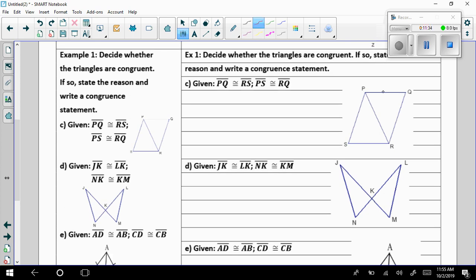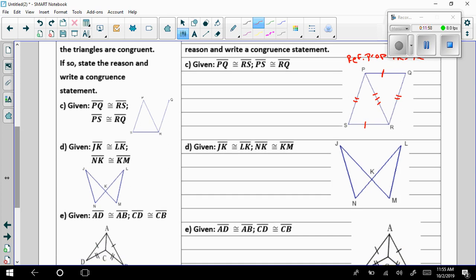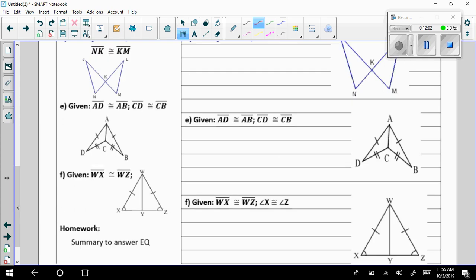So PQ is congruent to RS, PS is congruent to RQ, and keep in mind by reflexive property, PR is congruent to PR. So it's congruent to itself. We'll be able to use that. All right. So is that congruent? Write your congruent statement if so.